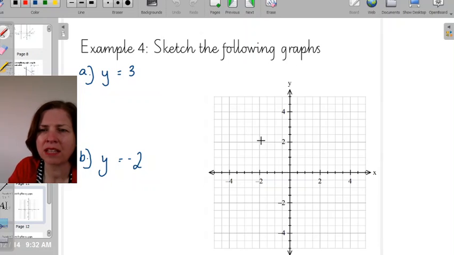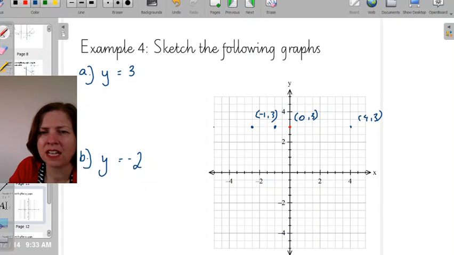So let's think about that. This here is the point 0, 3, y is 3 there. Another point that I said was 4, 3. Y is also 3 there. Over here is the point -1, 3. Y is also 3 there. Just here we've got -2.5, 3.